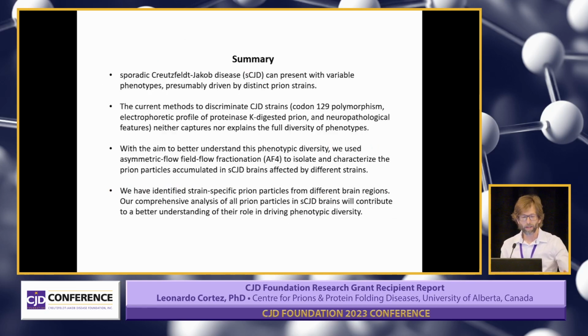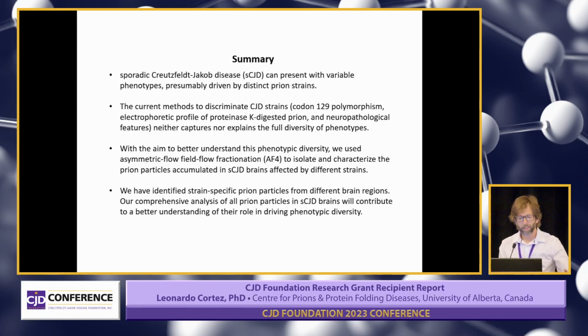As a summary, we can say that sporadic CJD can present with variable phenotypes, and presumably these different phenotypes are related to different types of prion. But the current methods to discriminate sporadic CJD neither capture nor explain the full diversity of these phenotypes.